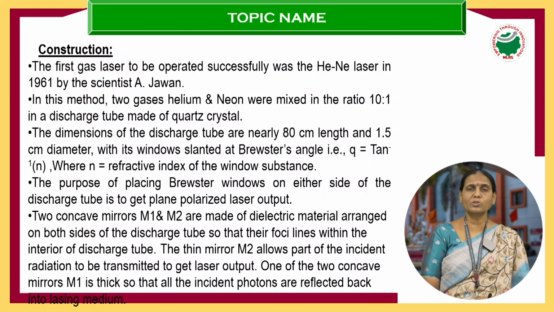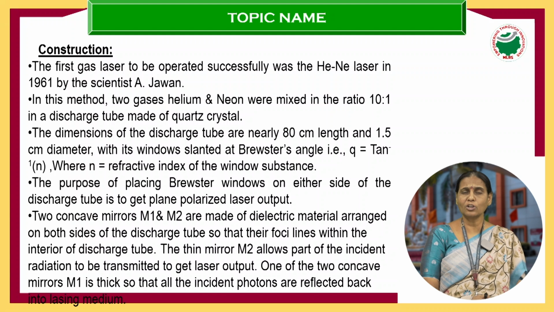They take the Brewster angle because it is a gas, so explosion of gases can take place. These are specially designed windows which do not explode the gas. Next, two plano-concave mirrors are used as dielectric materials in order to avoid explosion of the gas.